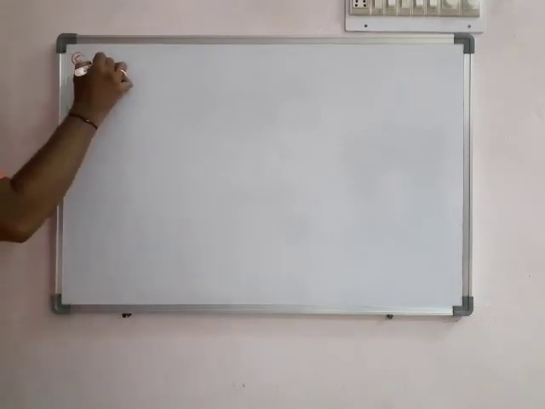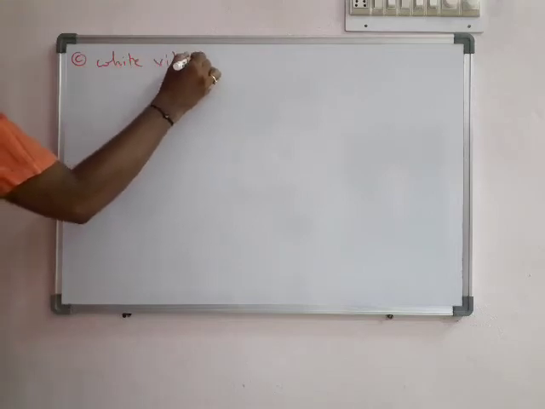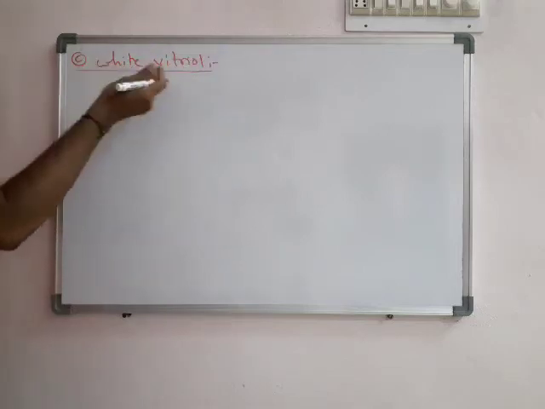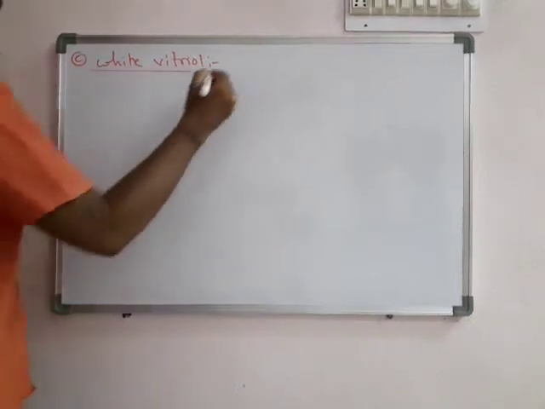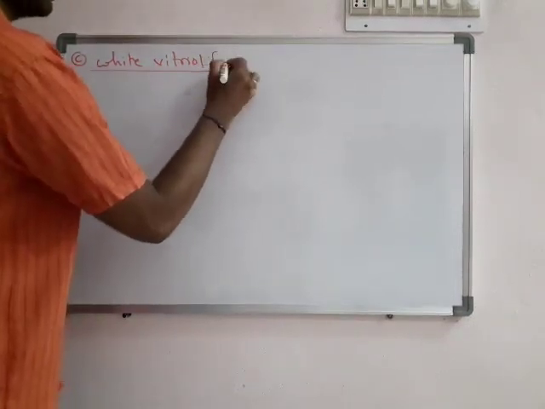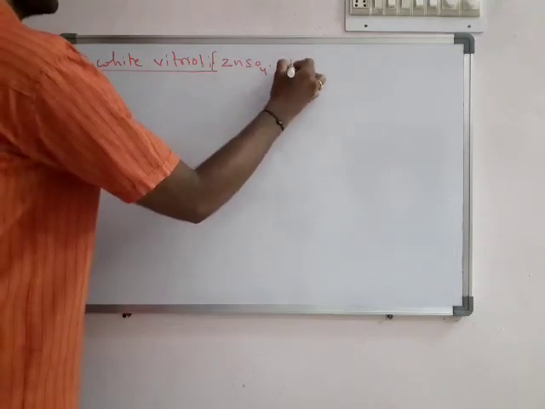Let's see one more compound given, that is white vitriol. Vitriol means what type of compound? Sulfate compound. So white vitriol's formula is zinc sulfate, a hydrated salt.